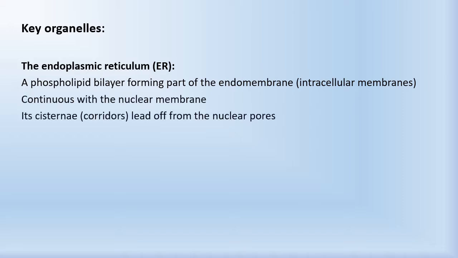Its structure is exactly the same as the plasma membrane and the nuclear envelope, and it's continuous with the nuclear membrane or envelope. It forms corridors or cisternae that lead away from the nuclear pores, and it comes in two types.